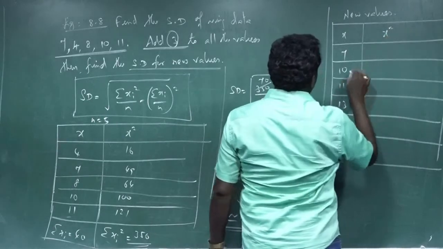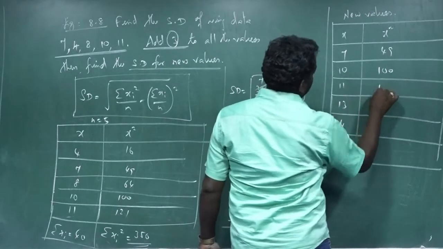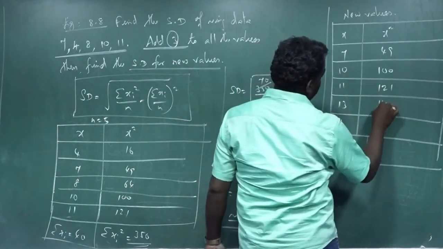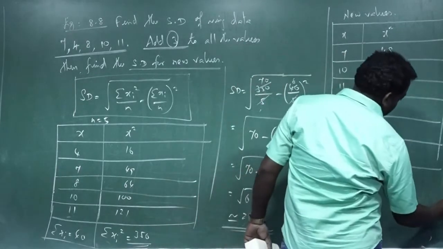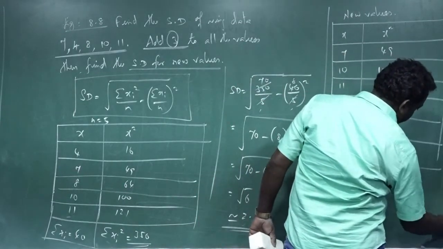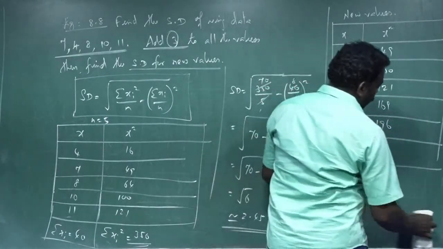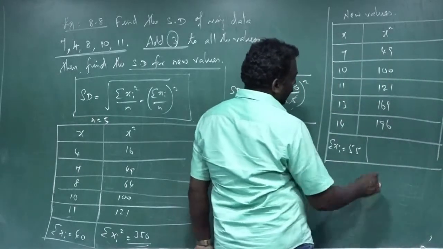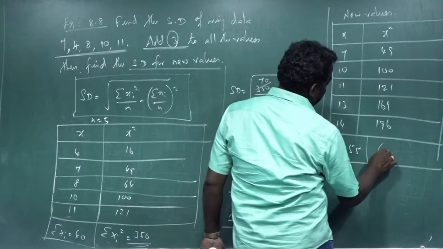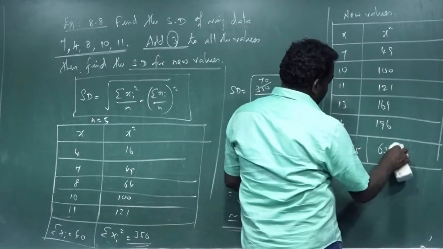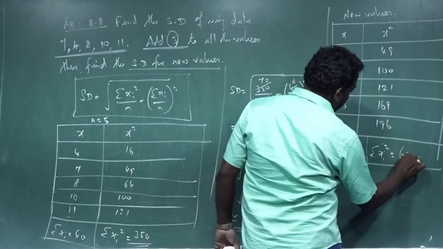Now find x square: 7 sevens are 49, 10 tens are 100, 11 elevens are 121, 13 thirteens are 169, and 14 into 14 is 196. Then calculating the total, it becomes 635. So summation xi square equals 635.